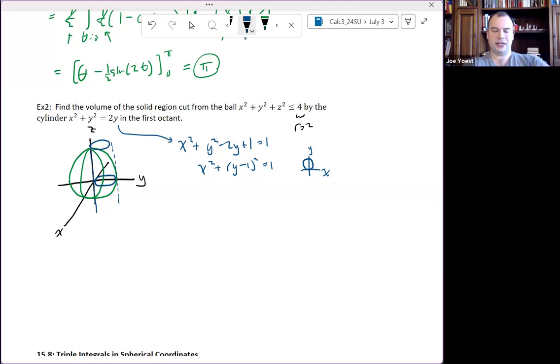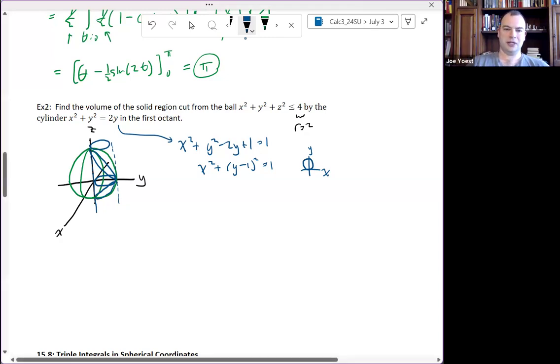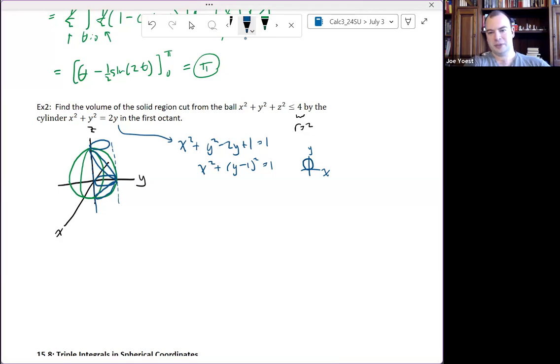But as we kind of cut down through, it's going to trace out something that looks a little bit like this, and something similar on the bottom side. So we're just kind of boring a hole of radius 1 through the edge of this sphere. So we end up with a region that looks kind of like this.